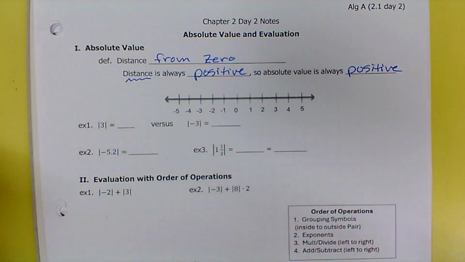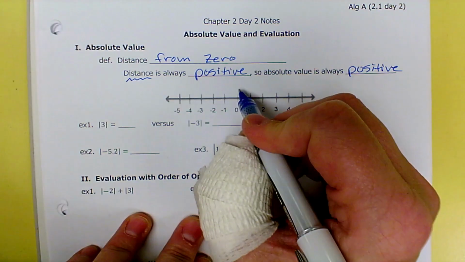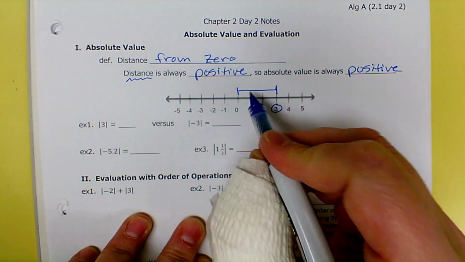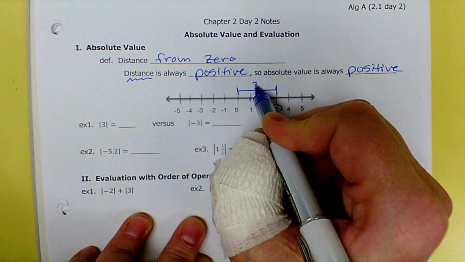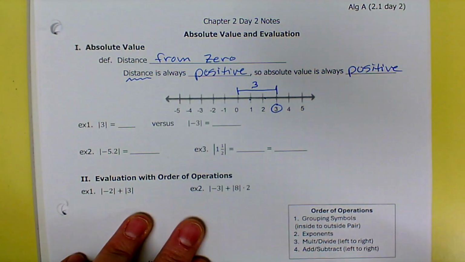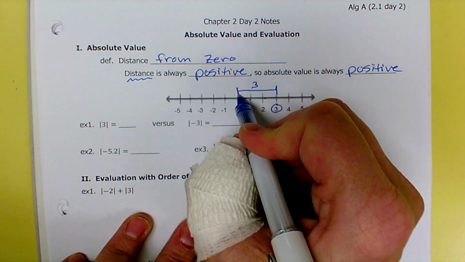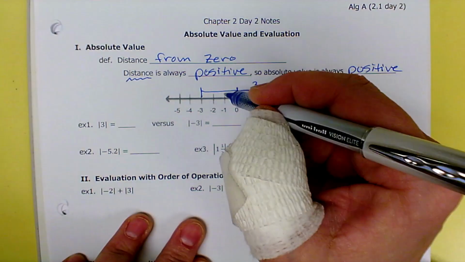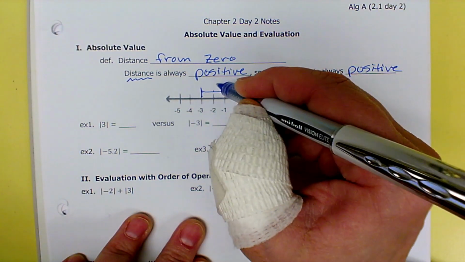So on a number line, if I were to compare the absolute value, the distance from zero for the number 3, here's the number 3. The number of units is 1, 2, 3. The distance is 3. Now, if I were to measure with a tape measure from 0 to negative 3, if I count the units, it's still 1, 2, 3.